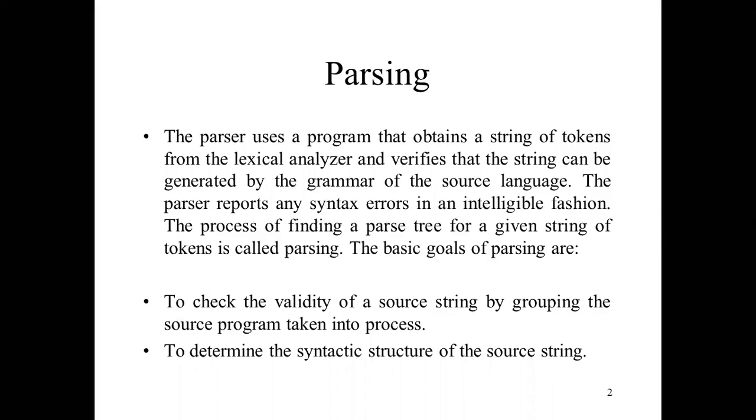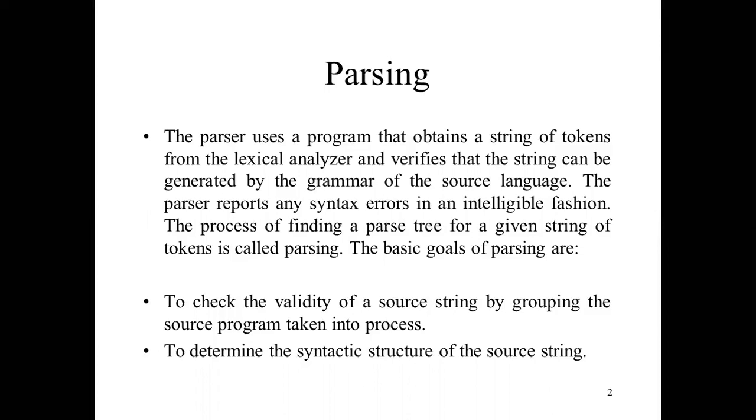So the parser reports any syntax error in an intelligible fashion. The process of finding a parse tree for a given string of tokens is called parsing. So what are the basic goals of parsing? To check the validity of the source string, whether the source string is valid or not, by grouping the source program tokens into processes.